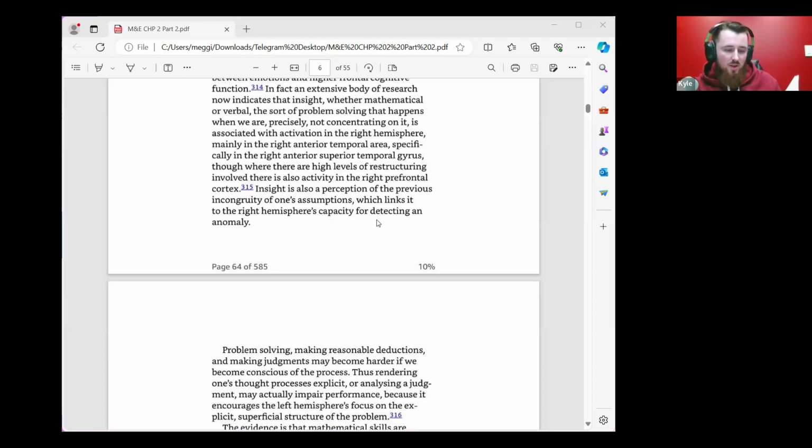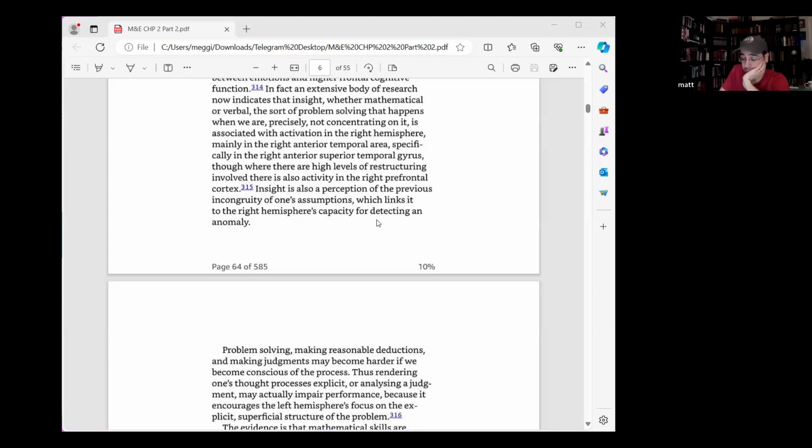Insight is also a perception of the previous incongruity of one's assumptions, which links it to the right hemisphere's capacity for deducing an anomaly.